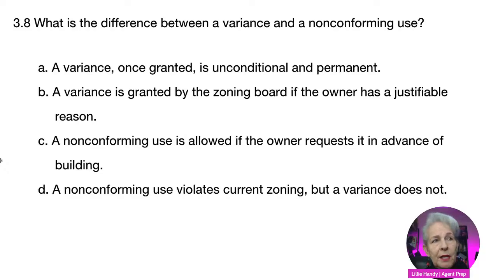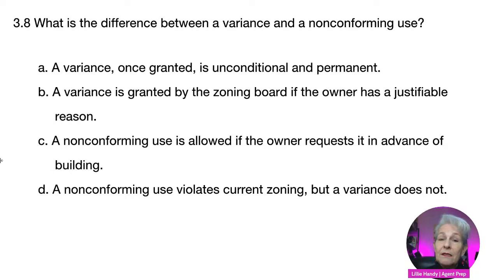So with a variance, they're going and requesting a change. Non-conforming means it's not equal or similar to all the others in the area. However, they were maybe given permission to continue using it, like when a motel was existing in a commercial area, but the zoning changed to residential.